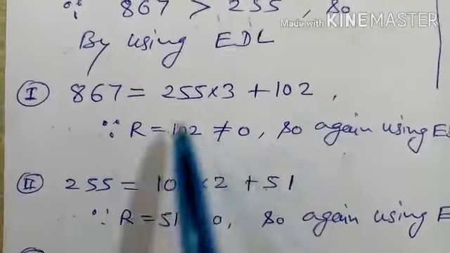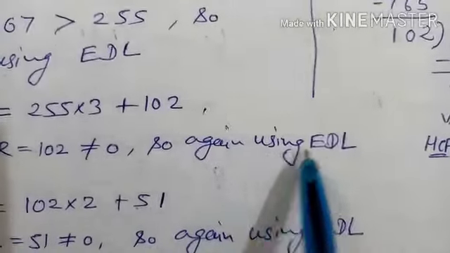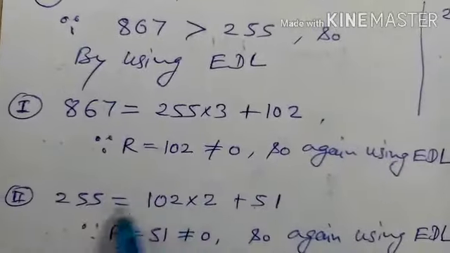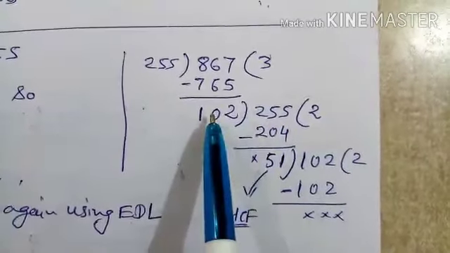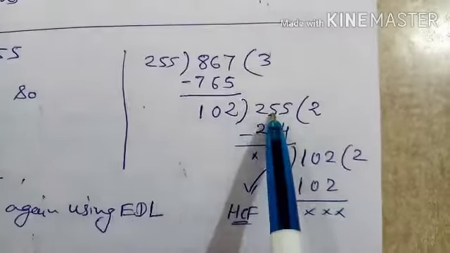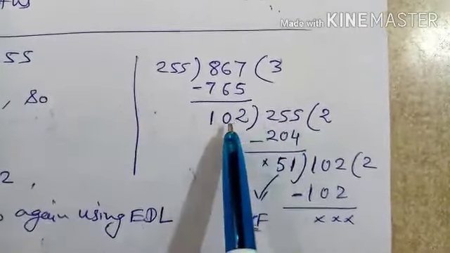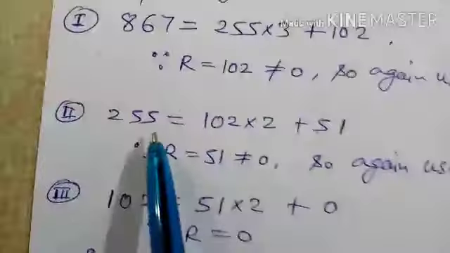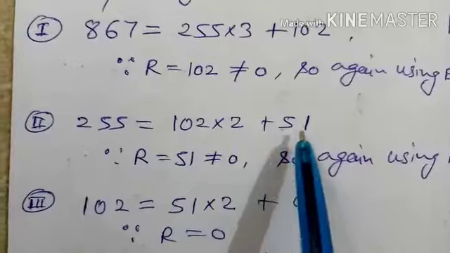Since the remainder is 102, which is not equal to 0, again using EDL: 255 is equal to 102 into 2 plus 51.